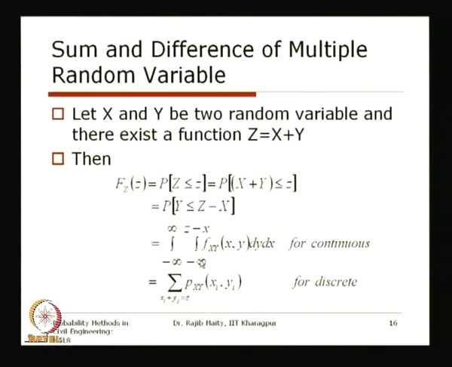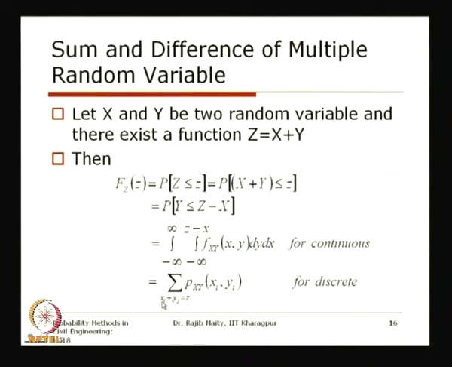So, that range, now we will show how it comes from minus infinity to z minus x, and this is with respect to y, and that should be integrated from minus infinity to plus infinity. This is of course in the case of continuous variables.